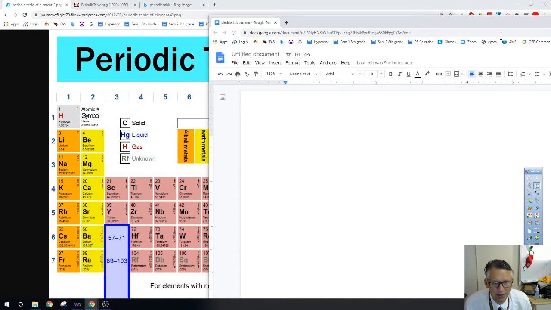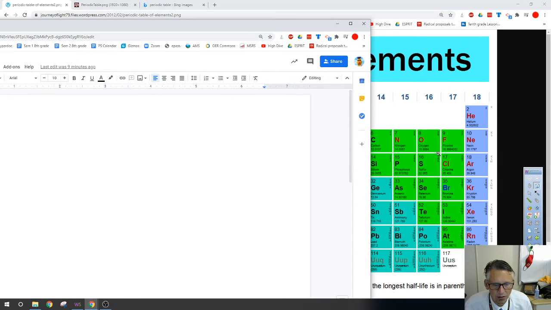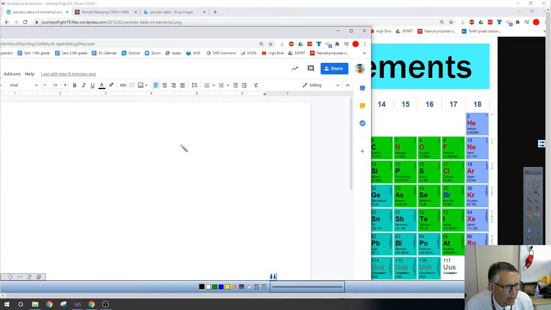Let's take a look at a different element. Let's take a look at oxygen. Oxygen has 8 for its atomic number, so that means it has 8 protons and 8 electrons. Let's draw that out. If we have 2 electrons in the first shell, then to get to 8, we need to add 6.